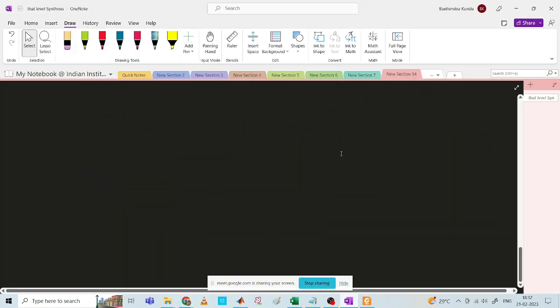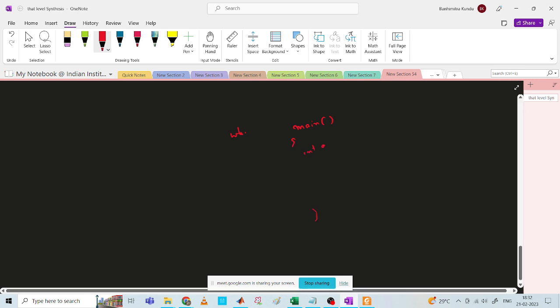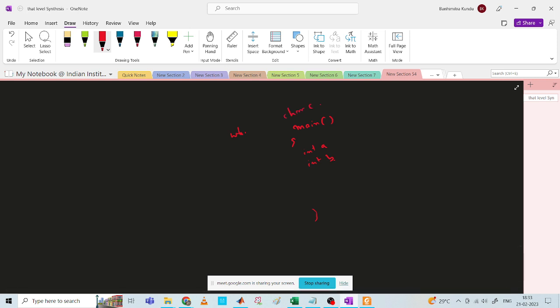Let's say that you are writing some program: main, int a, int b, char c. So which portion of this will go to stack and which portion of it will go to RAM?